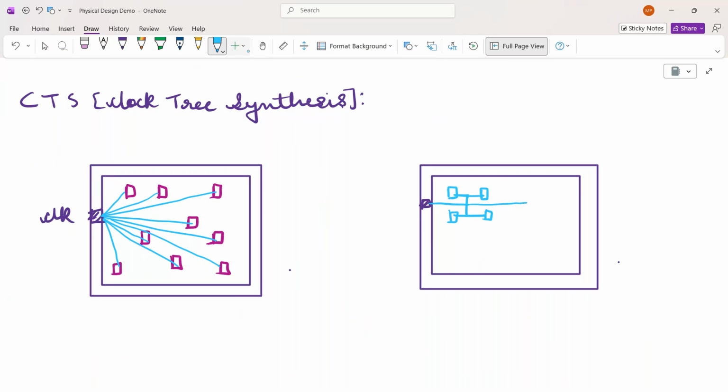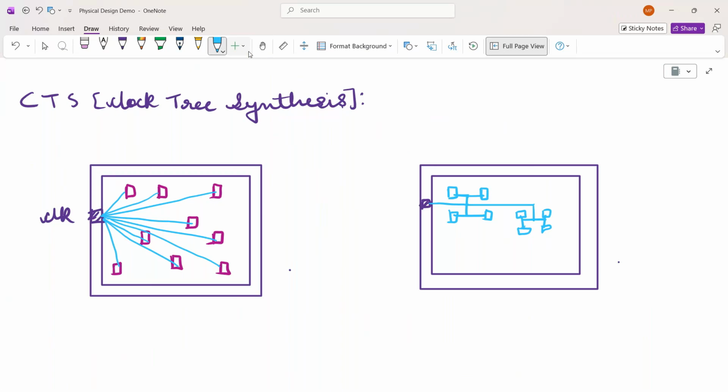It will go like this, and again it will get divided like this, to different flip-flops. This is called an H tree, which I drew. It is creating an H pattern, and this is mostly used. There are different patterns. When we learn CTS, we learn all those patterns and how the clock tree is built.